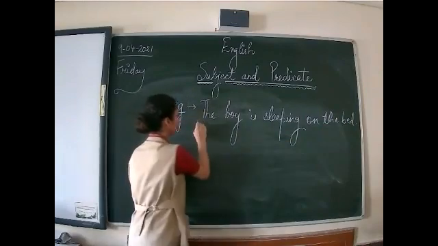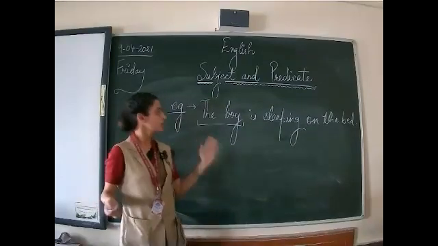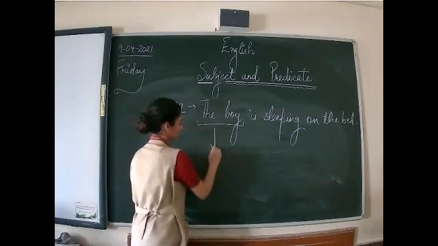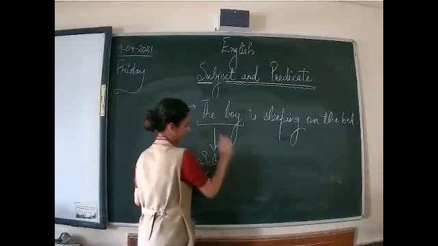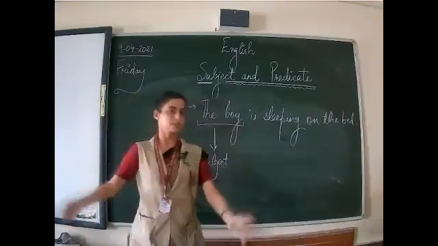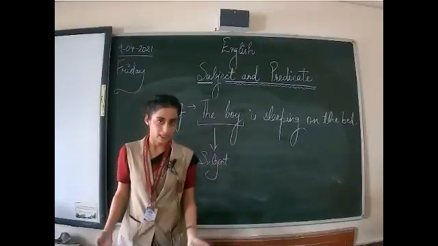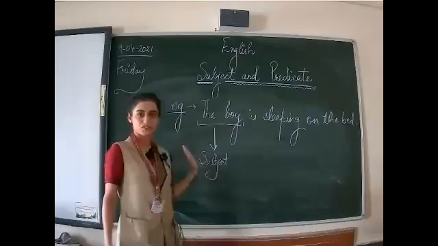Now, we know that the boy is being talked about. Who is sleeping on the bed? The boy. And so the boy is your subject. You all know this, right? Okay, this is clear. And what is the predicate now? What is the boy doing? What is the activity that the boy is doing?